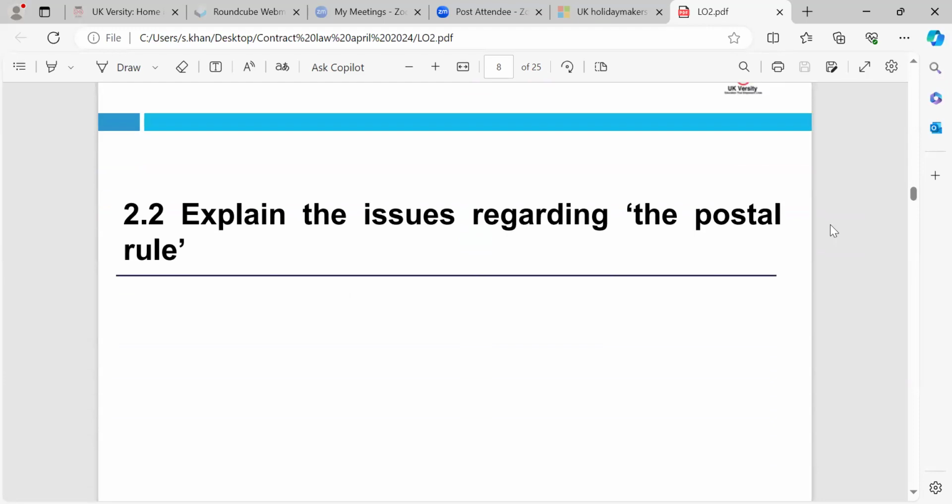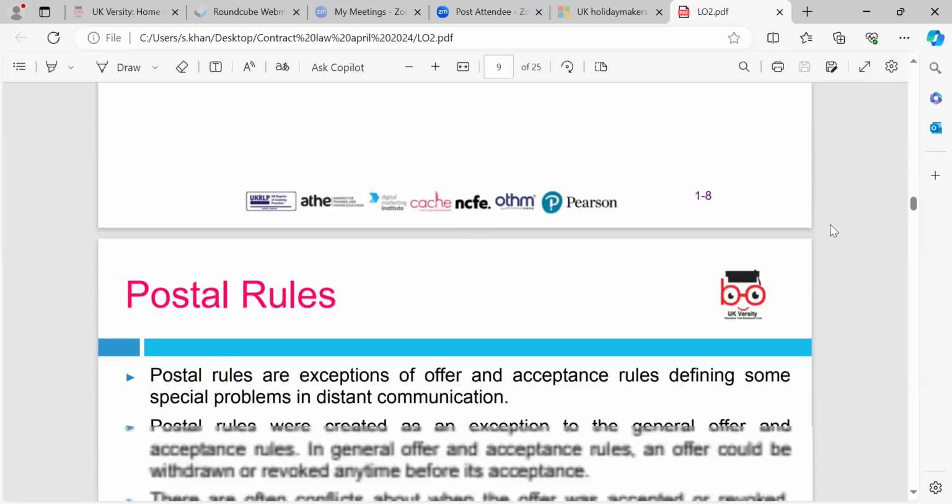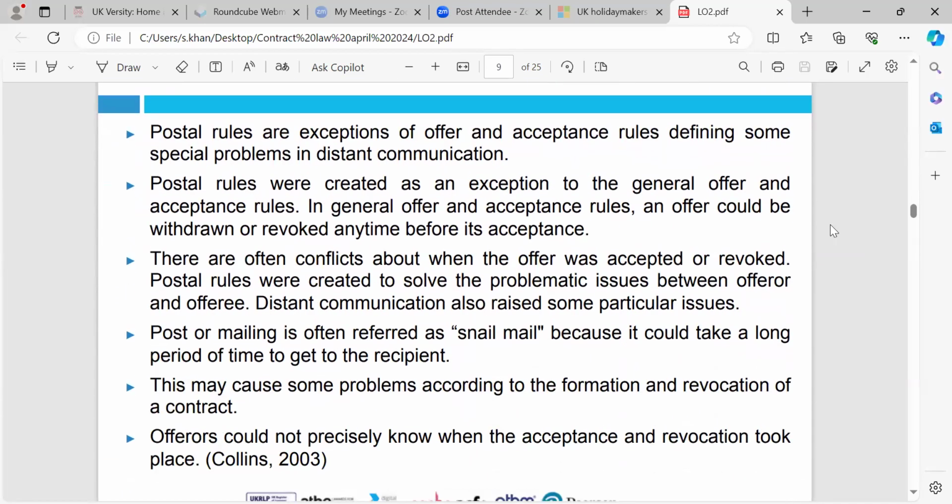I'm going to go on to 2.2, which is now to explain the issues regarding the postal rule. So the postal rules. Postal rules are exceptions to offer and acceptance rules, defining some special problems in distant communication. Postal rules were created as an exception to the general offer and acceptance rules.